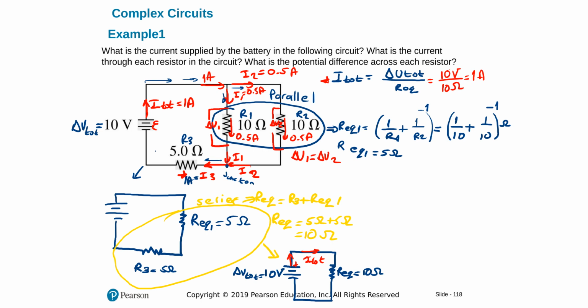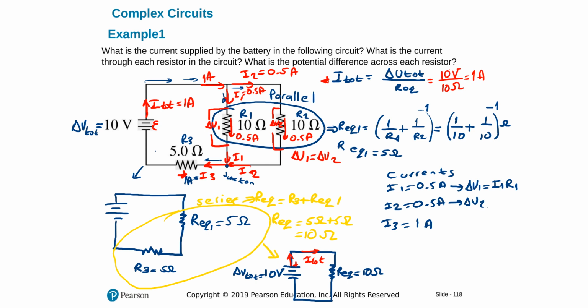After finding all the currents, let's list them here. I1 is equal to 0.5 ampere. I2 is equal to 0.5 ampere. I3 is equal to 1 ampere. I can go ahead and find delta V1, delta V2, delta V3, using this version of Ohm's law: delta V is equal to IR. So delta V1 is equal to I1 R1.